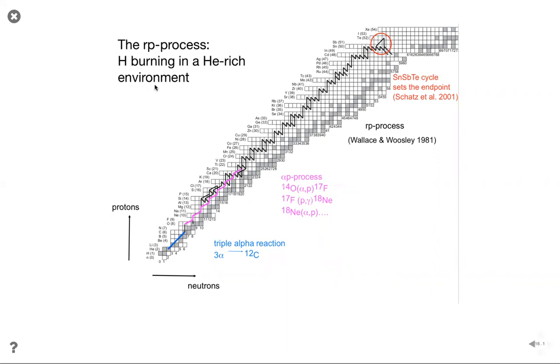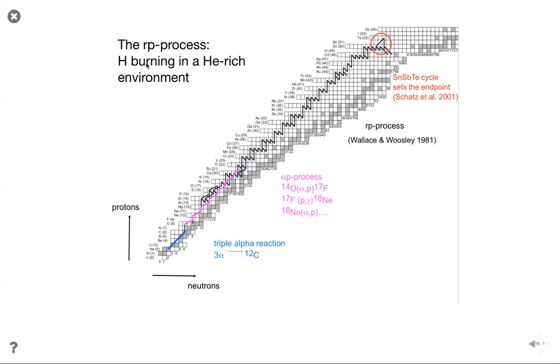Nucleosynthesis that occurs in X-ray bursts corresponds to the so-called rapid proton capture process, the rp process, hydrogen burning in a helium-rich environment. This process goes away from the valley of stability to the left, unlike the s, r, or i process, and unlike neutron capture processes, which take nucleosynthesis to the right of the valley of stability.